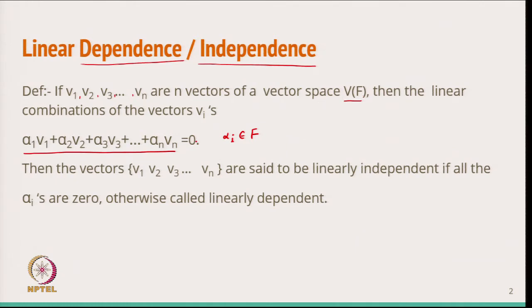So 0 is the additive identity. Then the set of vectors V1, V2, up to Vn is said to be linearly independent if all the alpha i's are 0, otherwise they are called linearly dependent. So this is the definition of linear dependence or independence of vectors.